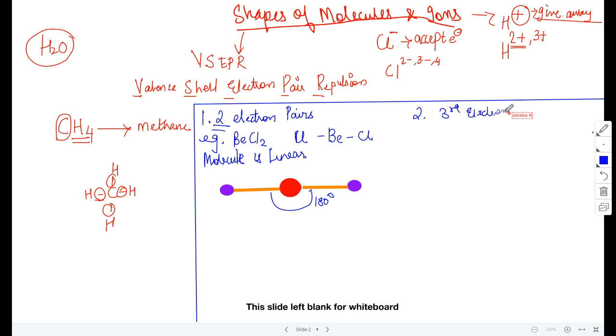third electron pair. And here we'll take an example of BF3. What is BF3? Bromine trifluoride. It is B, it is not a Br.